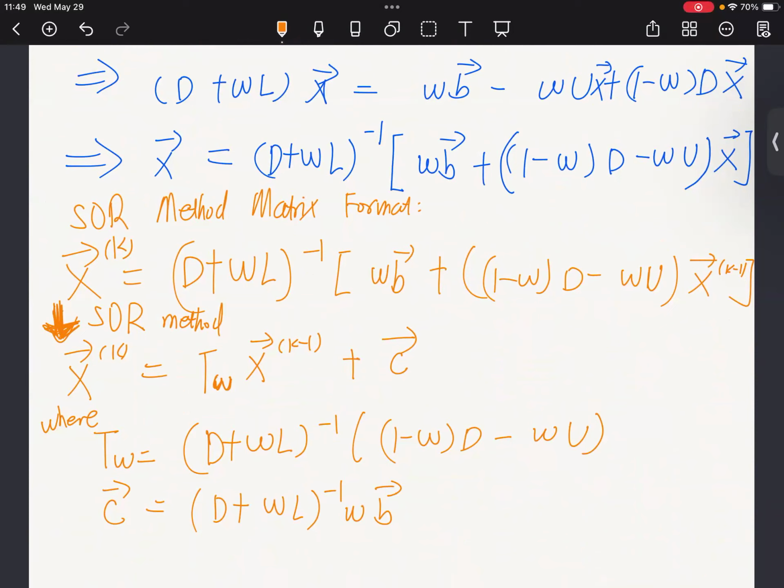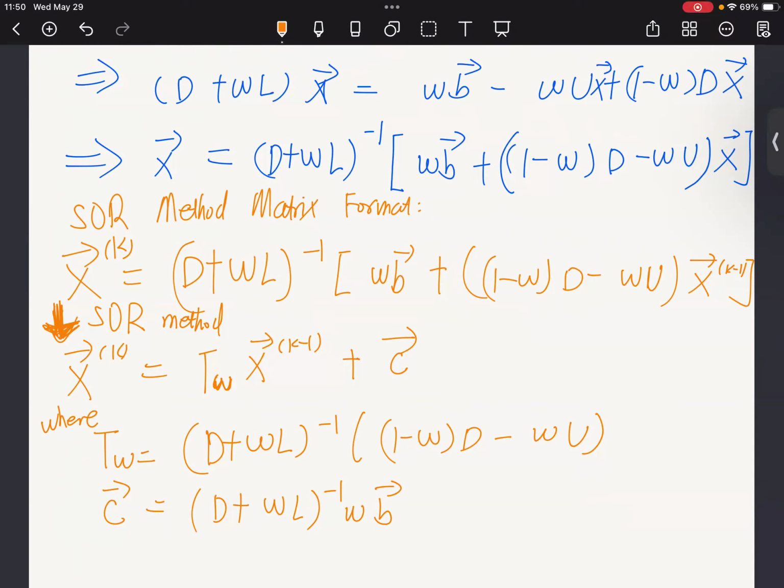And if you look at the textbook, it gives you the result how to optimize this omega value, such that the spectral radius of the T omega can be as small as possible. I'm going to skip this part, choosing the omega to be the optimized value, because if you calculate the spectral radius of this part, it's very lengthy.